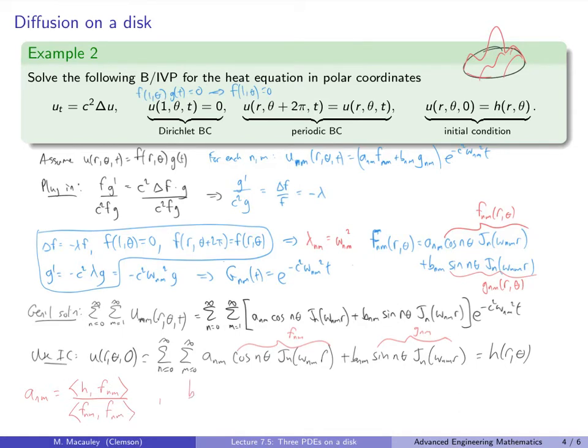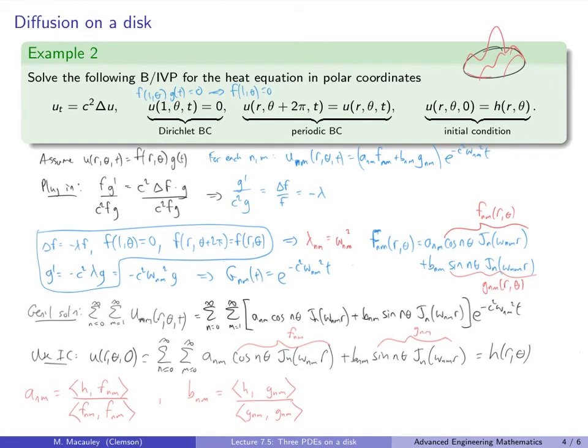And we know that b_nm, this coefficient, is just the projection of this onto that corresponding term, g_nm. So b_nm is equal to the inner product of h with g_nm over the inner product of g_nm with g_nm. I'm not going to actually do this for an example, but you saw this in the last lecture. These are things we can do. We have nicer formulas for this.